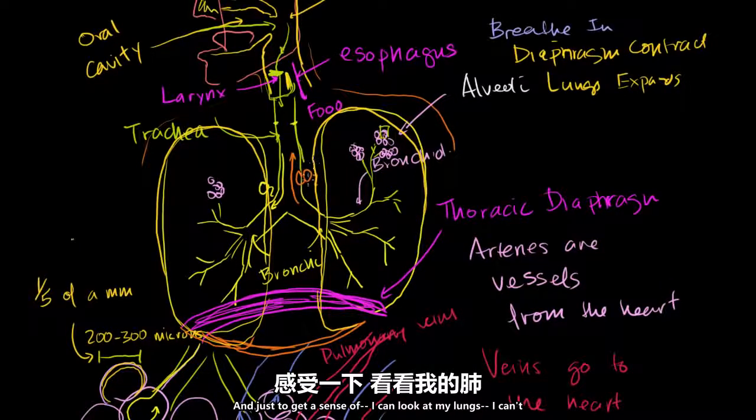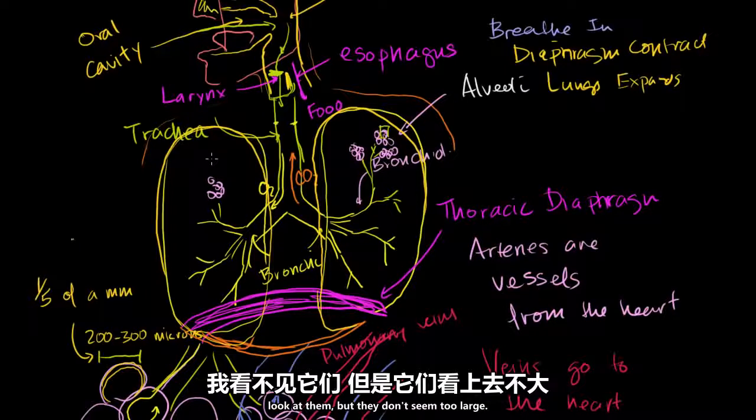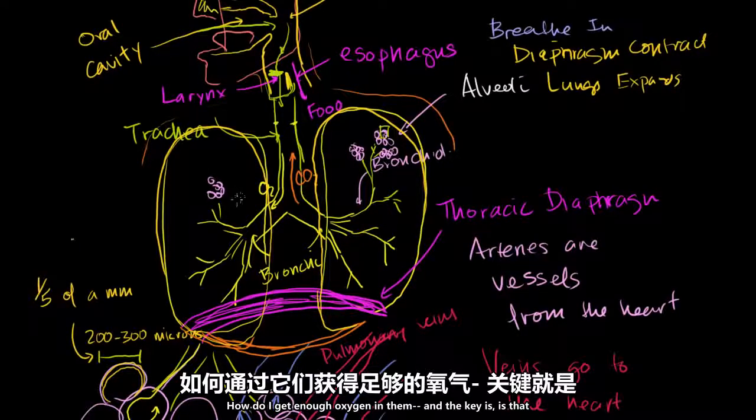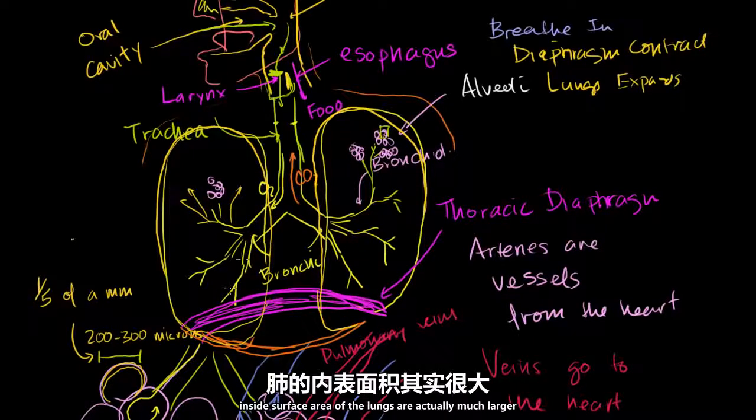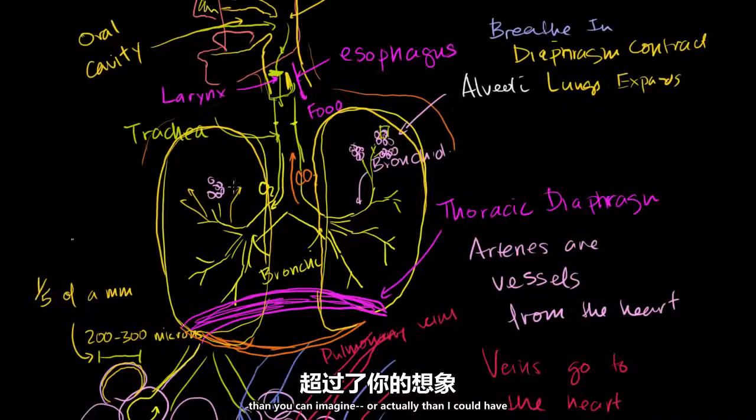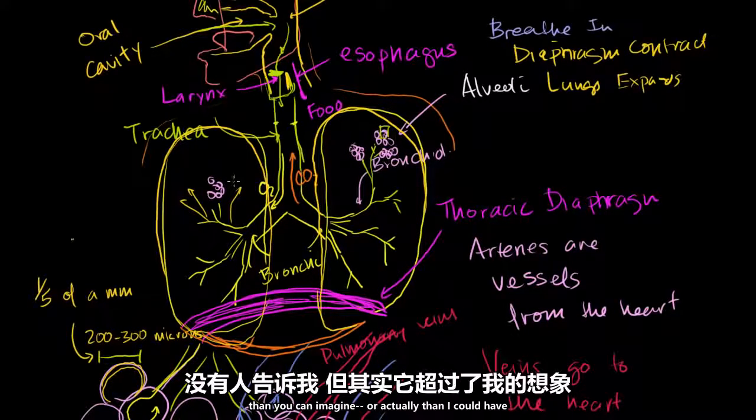And just to give a sense of our lungs, I can't look at them, but they don't seem too large. How do I get enough oxygen in them? The key is that because of this branching process and the alveoli, the inside surface area of the lungs is actually much larger than I could have imagined had someone not told me.